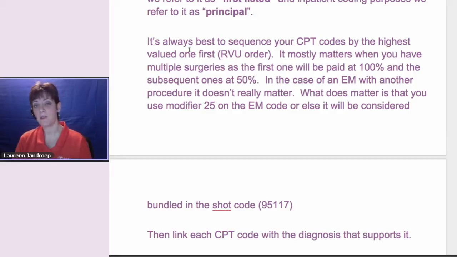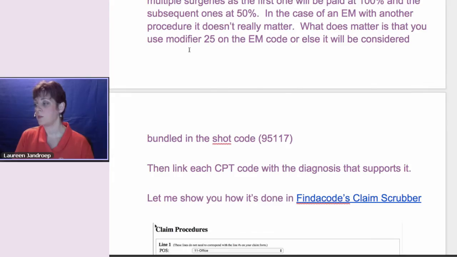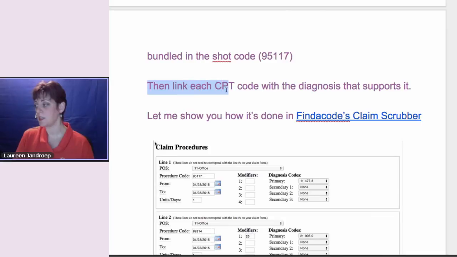So you have to put modifier 25 on, and modifier 25 means significant and separate E&M. In this case, because the physician had to be called in because the patient was having a reaction, that was a significant and separate evaluation and management that he or she had to provide in addition to the shots. So the next step would be to link the CPT code with the diagnosis that supports it.